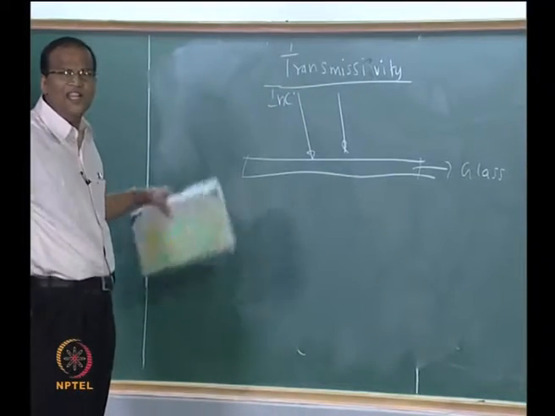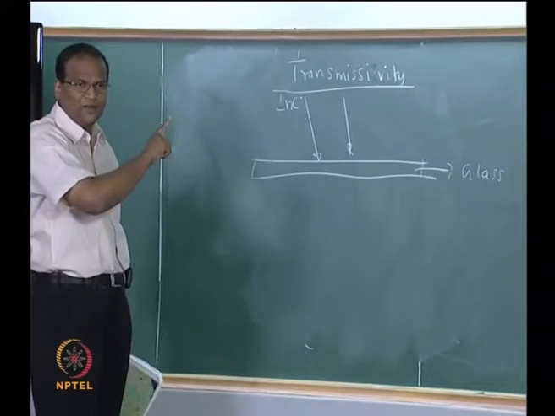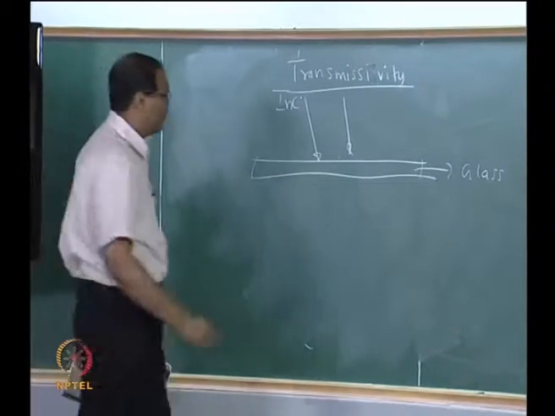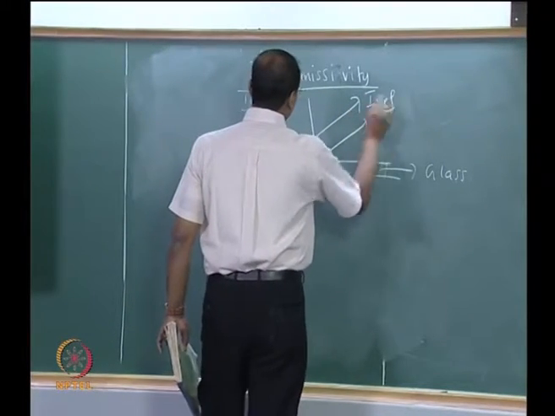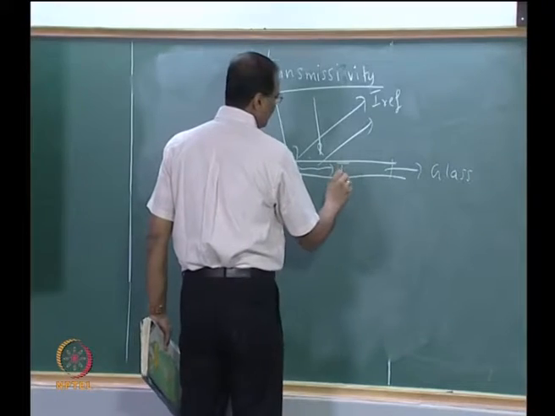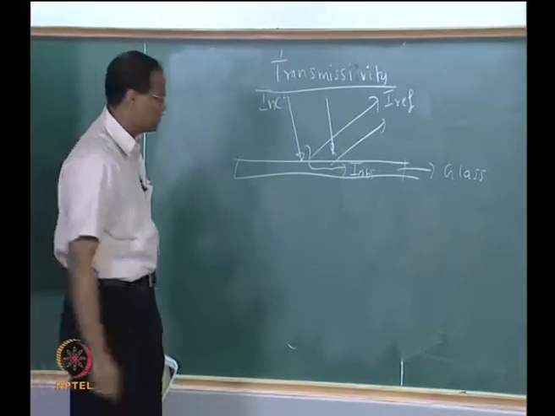Do not worry about the emission. What can happen to this? Reflected. Then absorbed, it goes inside. Now as far as glass is concerned, it is not opaque, so some will go through.